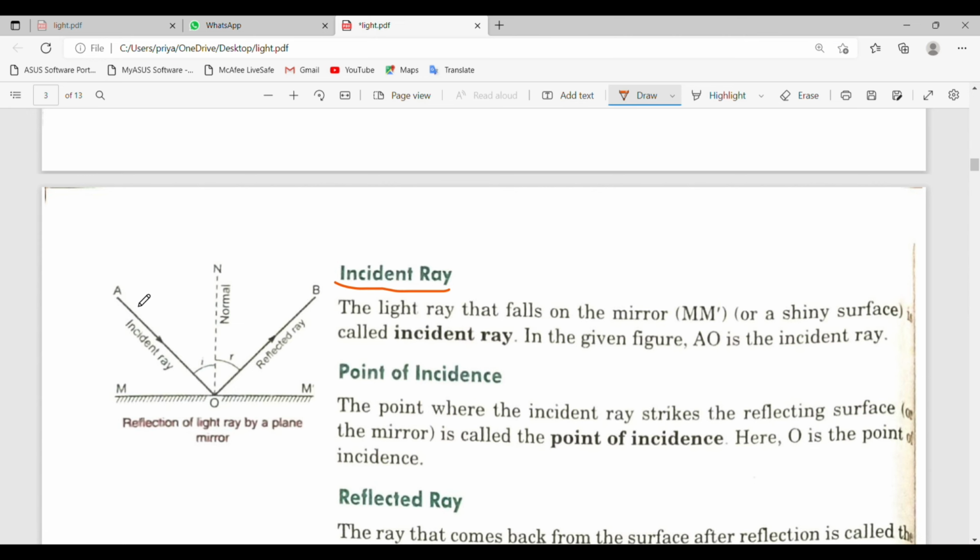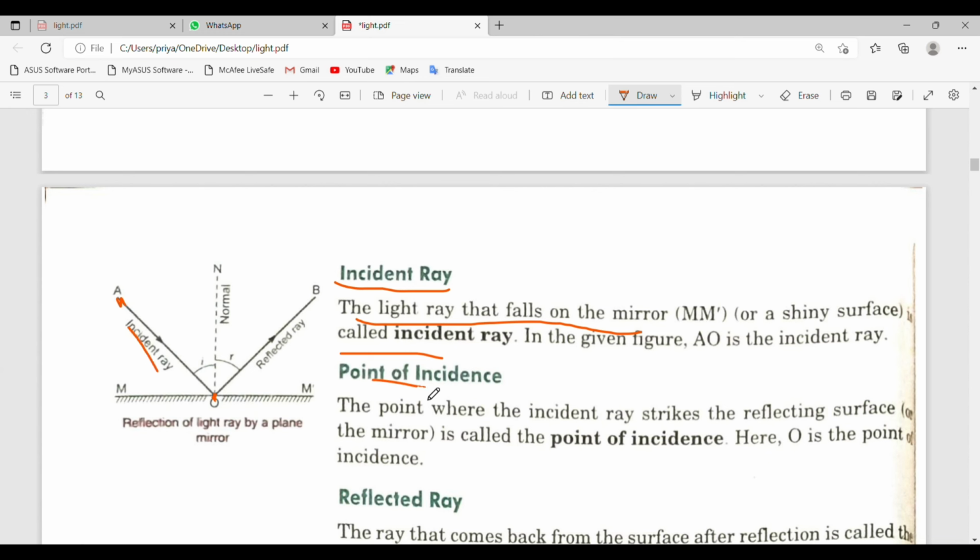In the diagram you can see the light which is striking at the point O. That is known as incident ray. It means point A to point O, this light ray is known as incident ray. It means the light ray that falls on the mirror or a shiny surface is called incident ray. Clear?